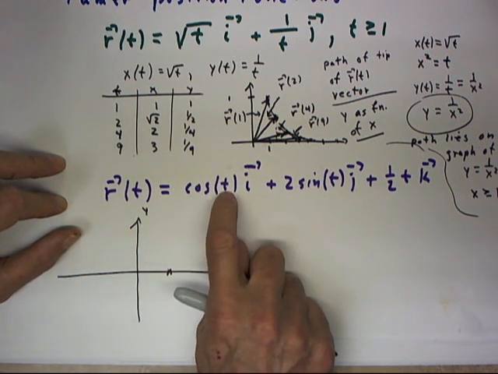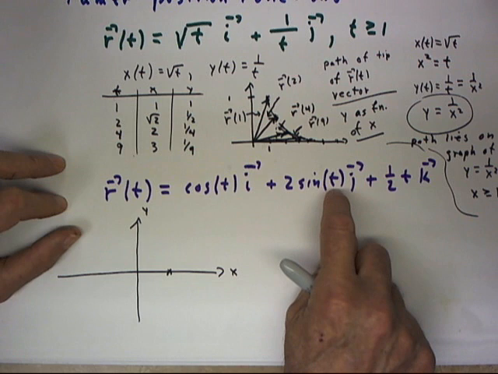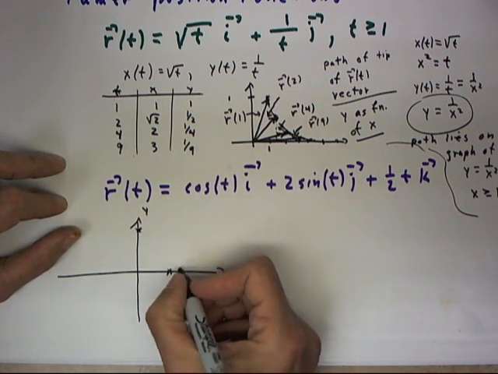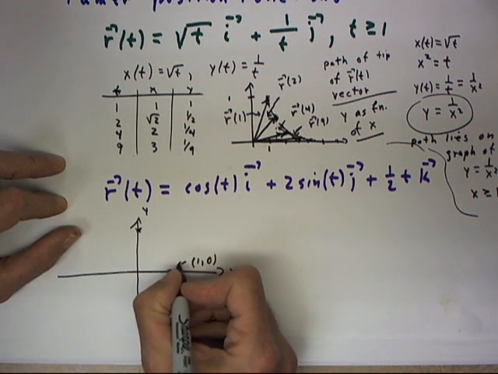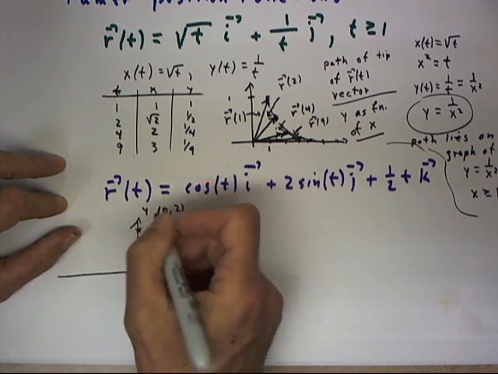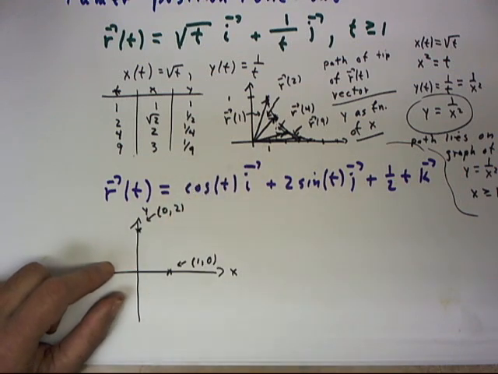If t equals, let's say, pi over 2, making the cosine 0, we find that the sine of pi over 2 is 1, giving us the point 0, 2. So we have the point 1, 0, and this is 0, 2. Now how do we get from 1, 0 to 0, 2?